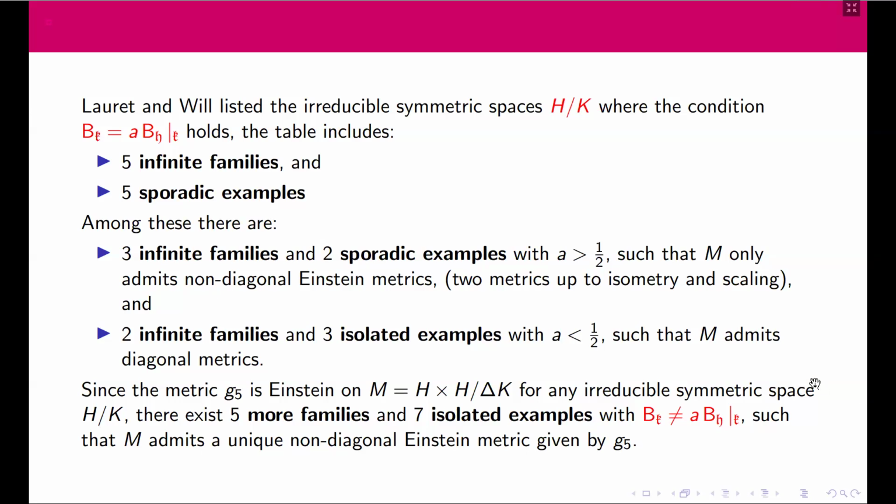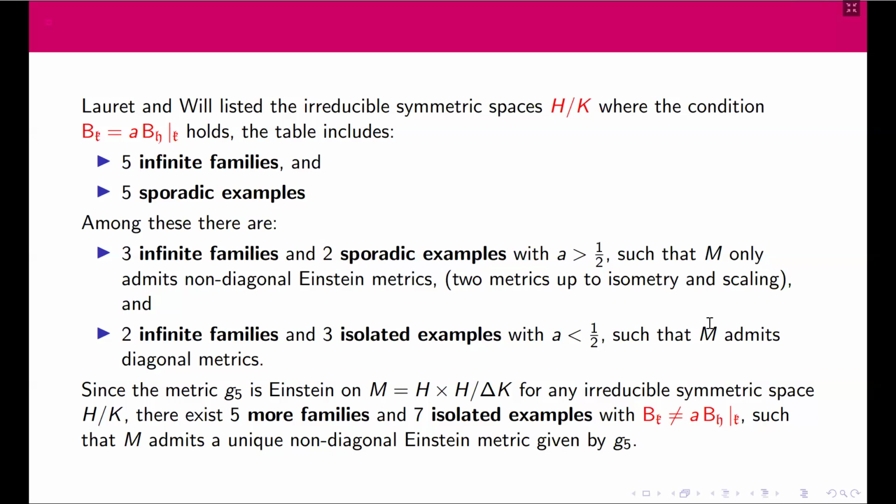And what about the isotropically irreducible spaces? Are you interested in these spaces, or is it a next step? Replacing G over K, an irreducible symmetric space, by an isotropy irreducible space.